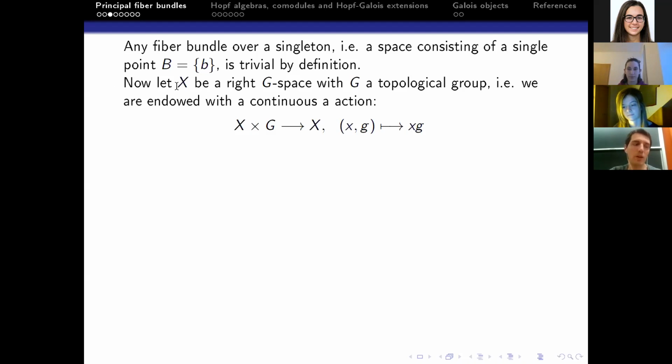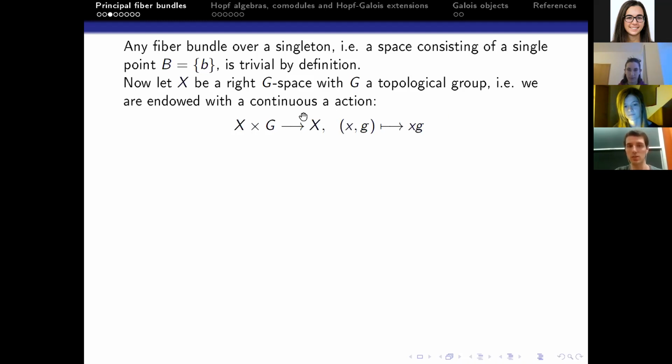There are very different types of definitions one can introduce for principal bundles. The one I'm going to use is the following. Consider a topological space X and a topological group G, and a G action on the right of X. So we are given a map from the product X times G into X in the following way.